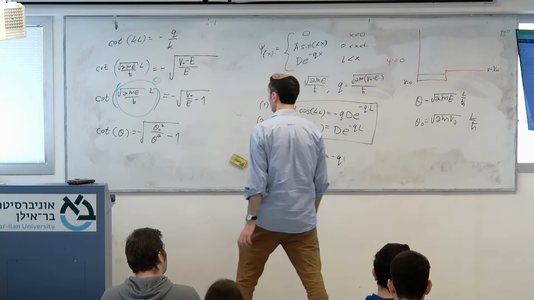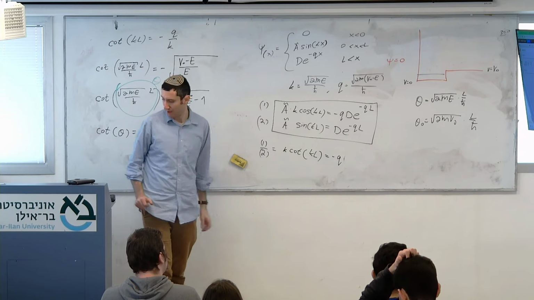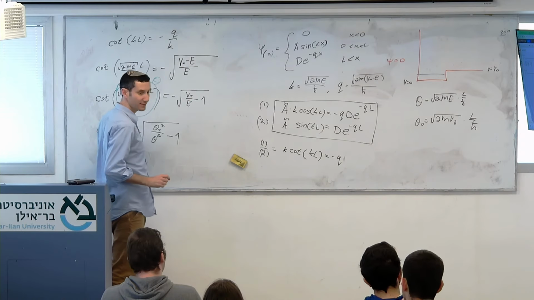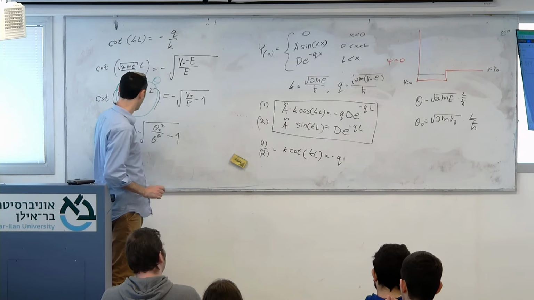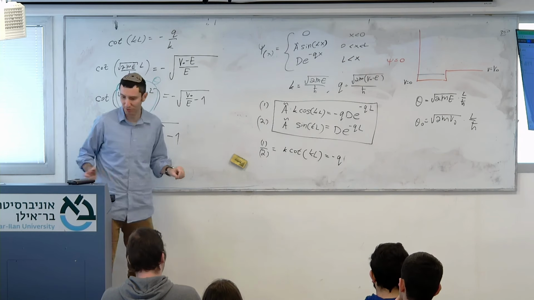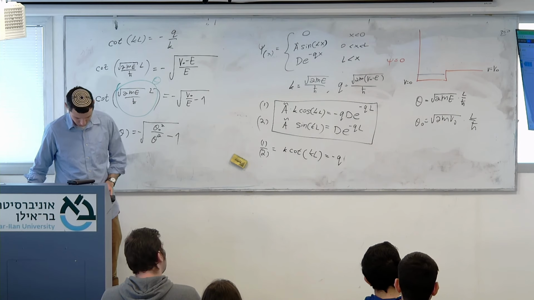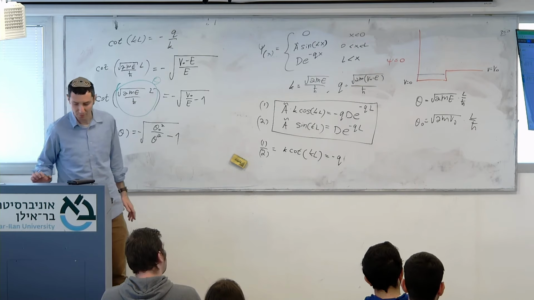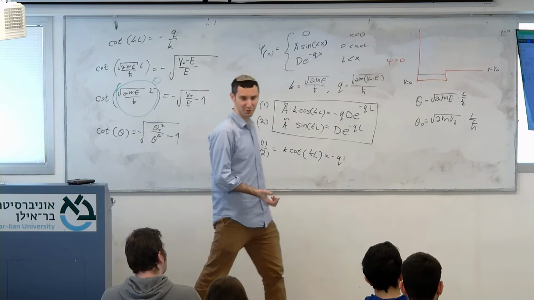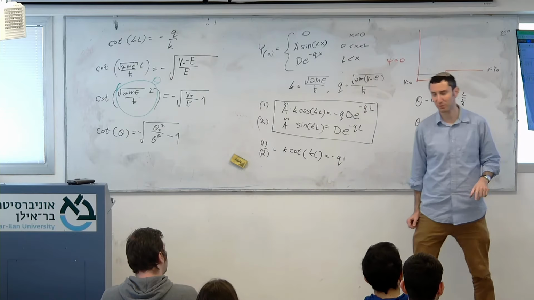I'm plotting the left-hand side and I'm plotting the right-hand side as a function of theta. And I write it for different values of theta naught. So you can see here two different values of theta naught, right? And my solutions are going to be where these two graphs intersect.